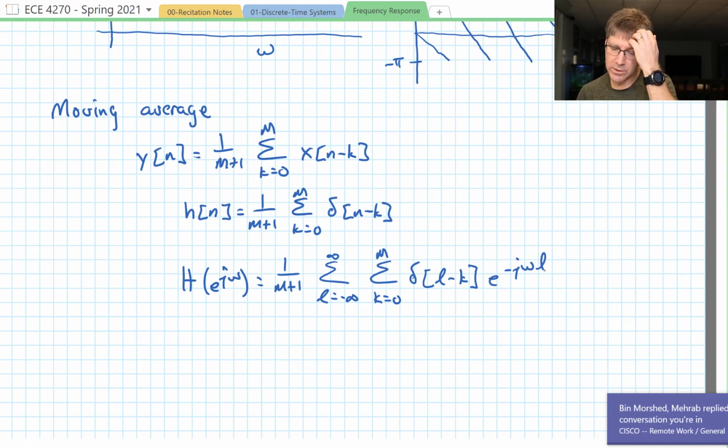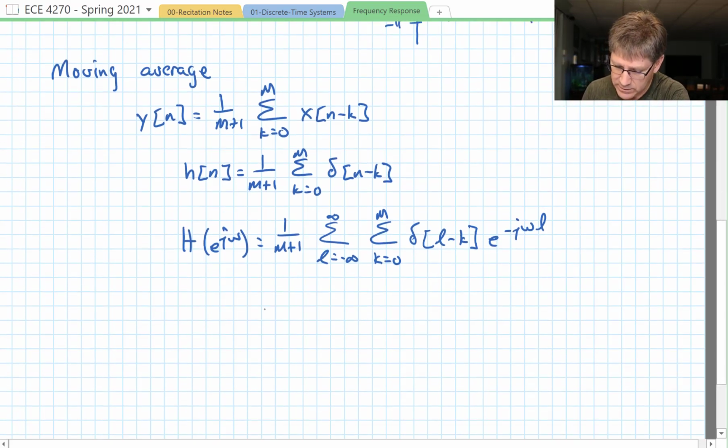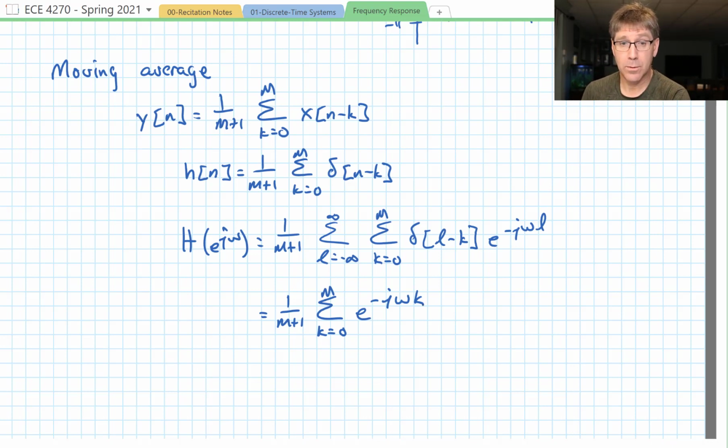Well, this is going to be 0 everywhere except where L is equal to k. Keep our factor out front. So we can just do the sum over k. All the extra L's don't matter. And this is going to be e to the minus j omega k. Now what?